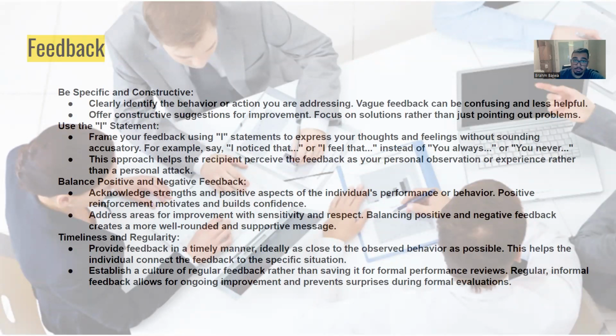You don't want to be putting the blame on them as well. You want to be constructive: what you can do in this situation is do this better so you can improve, instead of saying you're not good at this and pointing that out. Show them how they can improve.